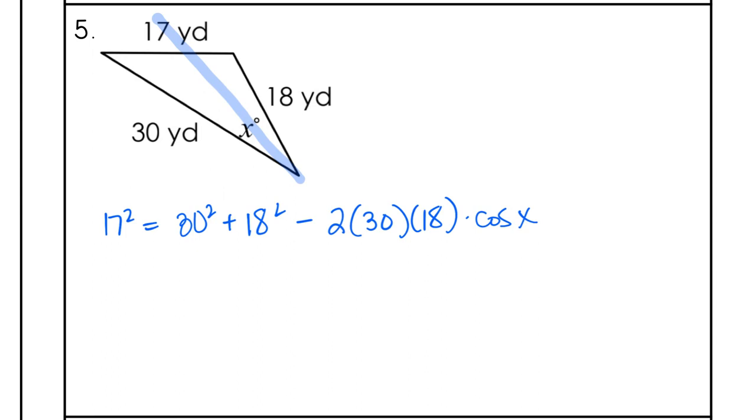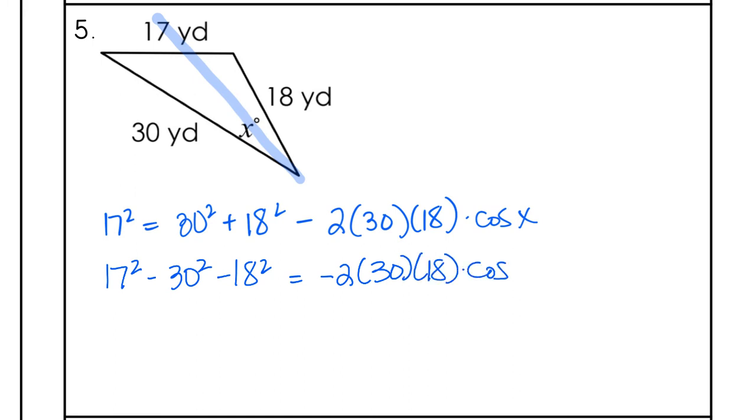Just like we did before, these first two terms, they're being added. So in order to move them over, we have to subtract. So 17 squared minus 30 squared minus 18 squared is equal to negative 2 times 30 times 18 times cosine x.